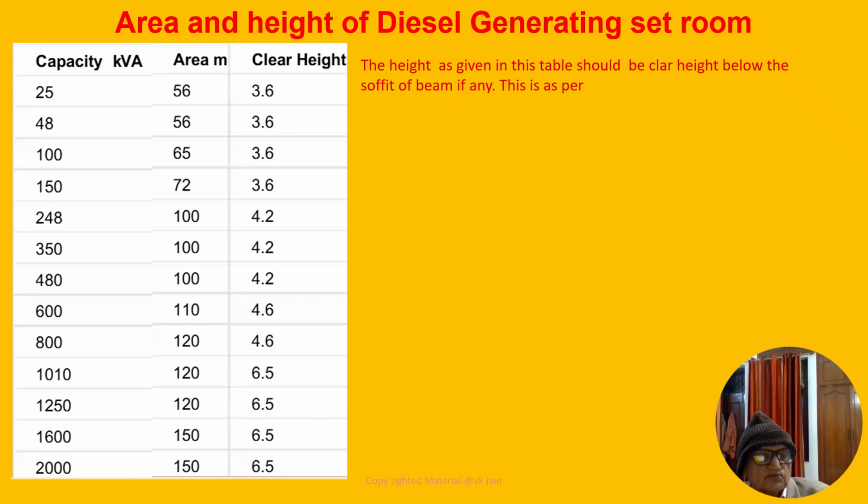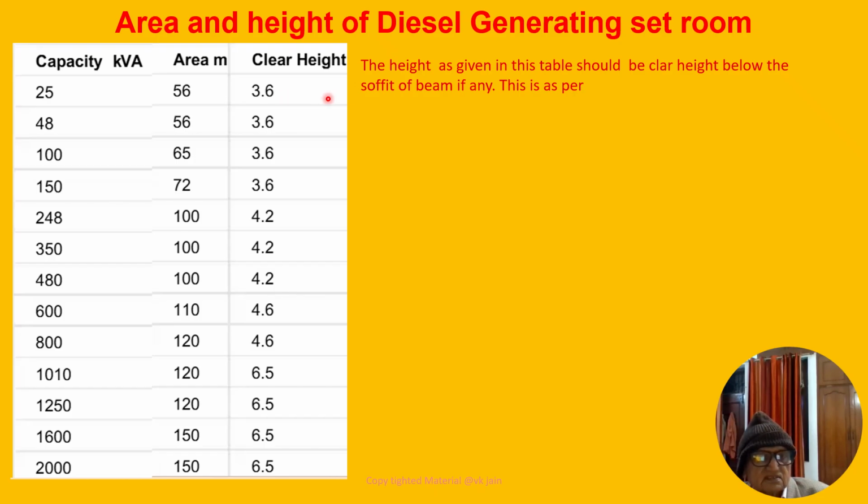The area will be as given in this column, second column in square meter, and the clear height of the diesel generating room should be as given in the third column.